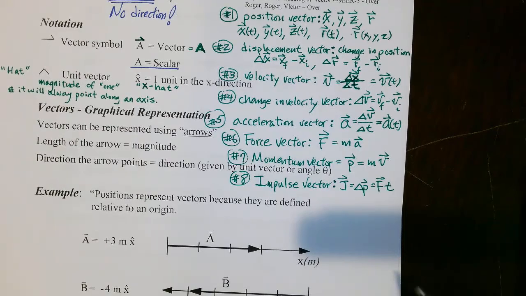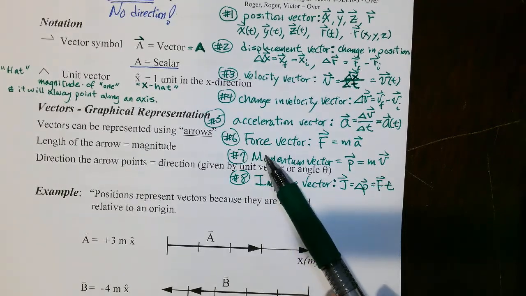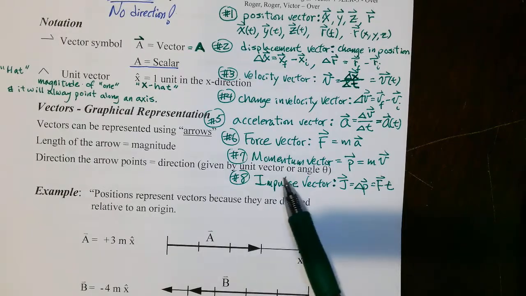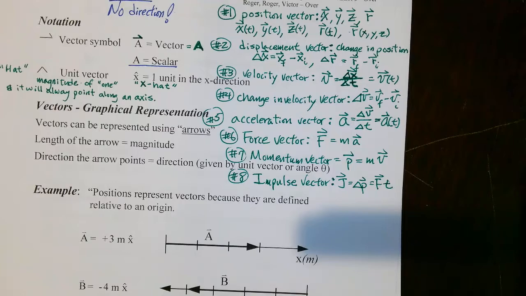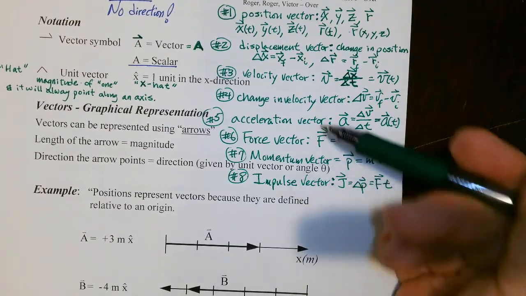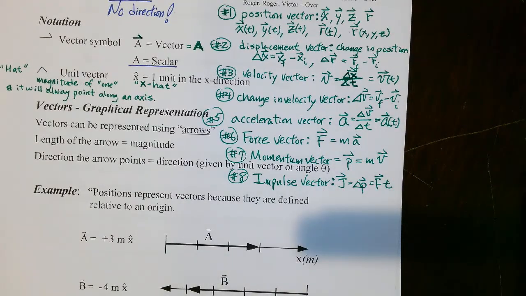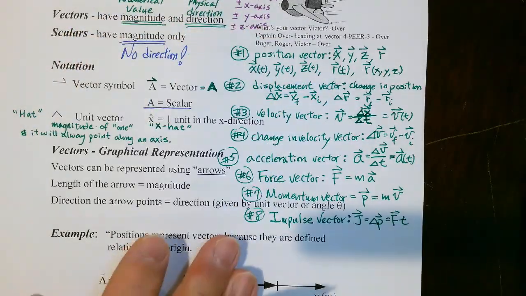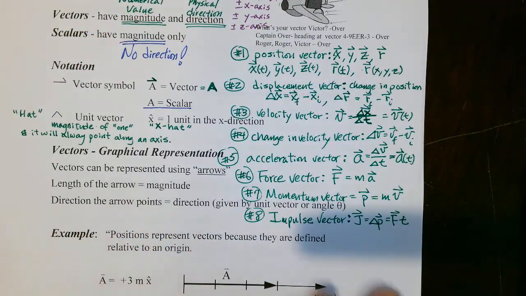And when we do rotations, we're going to be talking about torque, which is a rotational force, and then rotational angular momentum, as well as angular impulse, and so on. So there could be like 3 more vectors beyond that. But for now, once you know these 8, and if it's not one of these 8, then it has to be scalar quantity. All right? So you just memorize the 8 and you're fine.